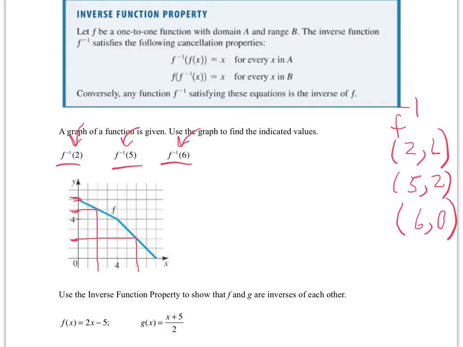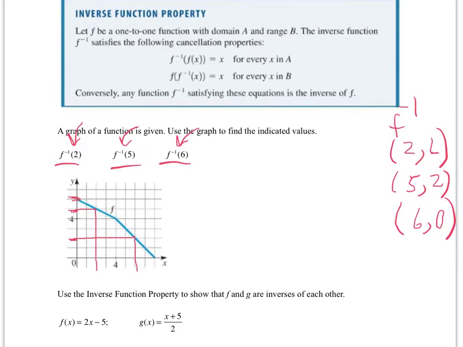Okay, so we plot 2, 6, and let's see if I can put it exactly where it belongs. 2, 6, right there. And then 5, 2 is going to be right, try to do a good job here, 5, 2. Pretty good. And then 6, 0 is going to be about here.